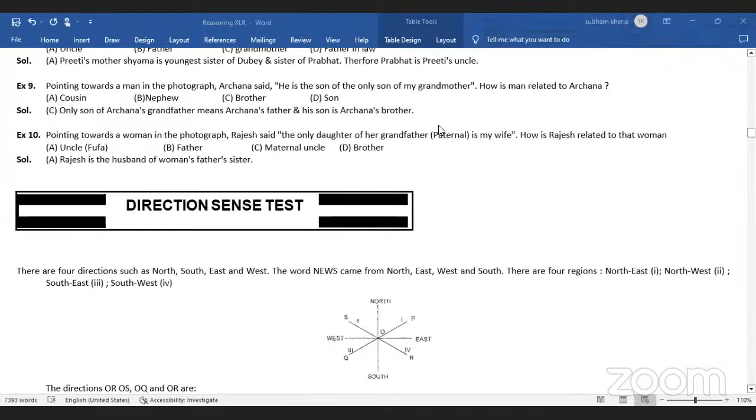For this I am first using my whiteboard. Can all of you see the whiteboard? Yes or no? Yes. Do all of us know these 4 points, N, S, E, and W?